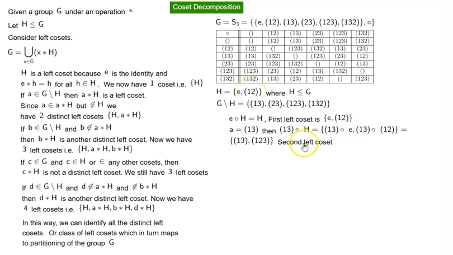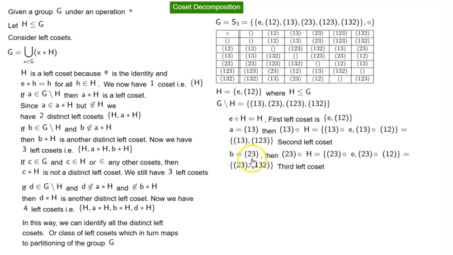Now (1 3) times e is (1 3). You can refer to this Cayley's table if you want. (1 3) times (1 2) is (1 2 3). So permutation (1 3) and (1 2 3) is the second left coset.